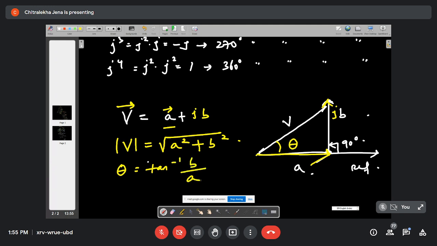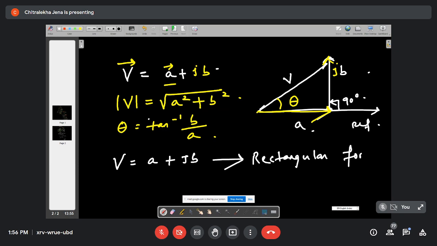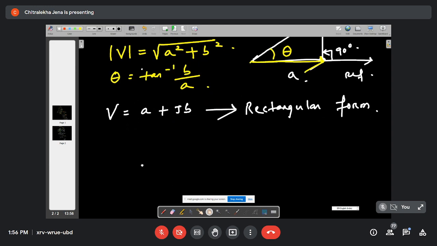B upon A. Clear to all of you? So this form of notation, V equals A plus jB, this form of notation of a vector or phasor is called the rectangular form.